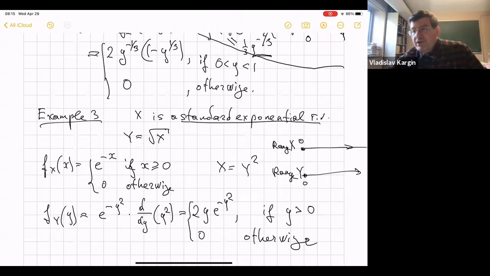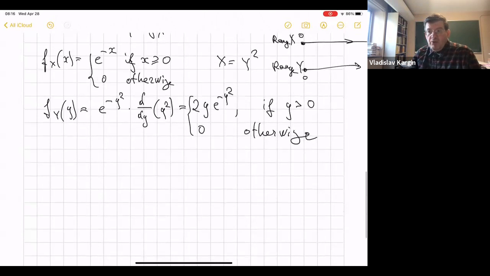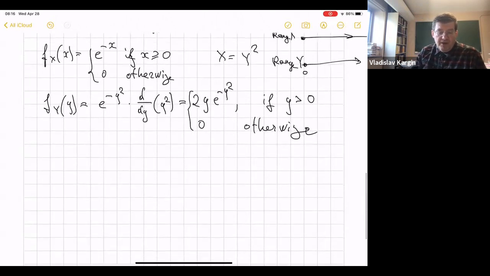So now the question is, what happens if it's not? There are many examples of this type. So now what happens if the transformation is not one-to-one? We dealt with just the simplest case when the transformation is one-to-one. What if it's not one-to-one? Well, in this case you have a picture like that.